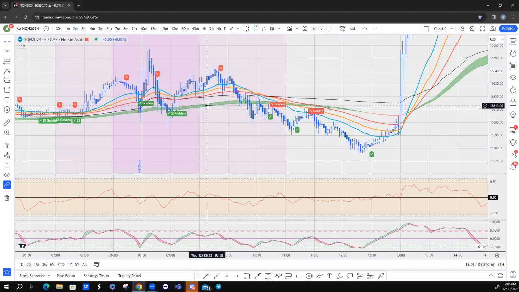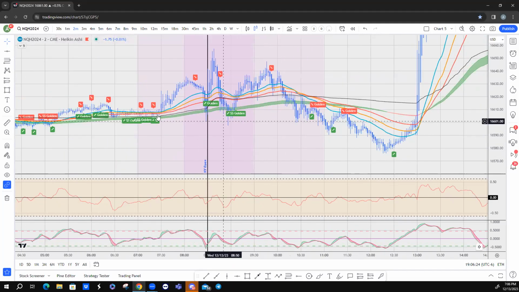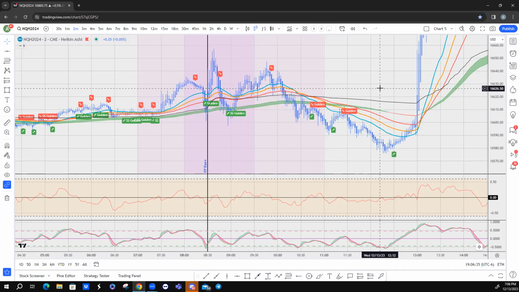On my chart here, I also use a cloud, which is red and green, and it turns red at times. It's a 200 EMA cloud, so if you want to put that on too, that's fine. I'm a visual person, so I like to have these on here.